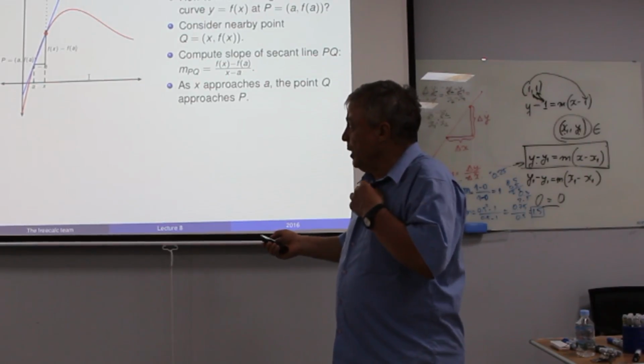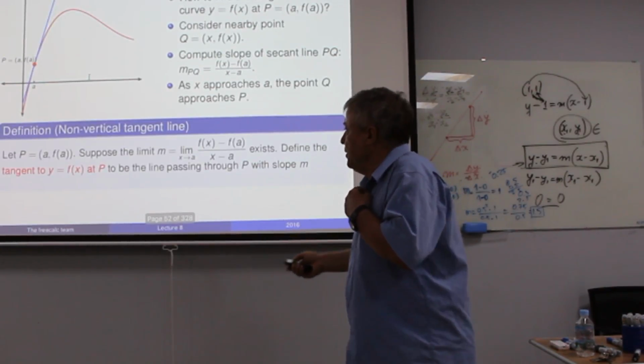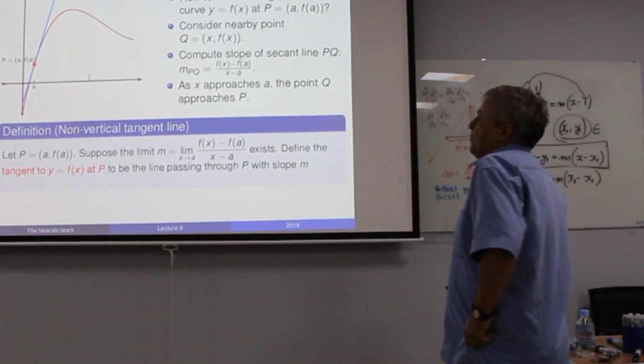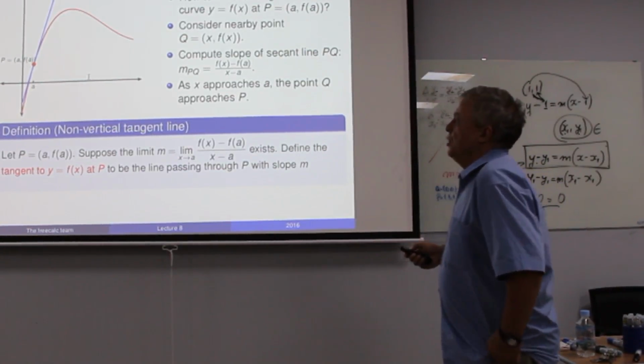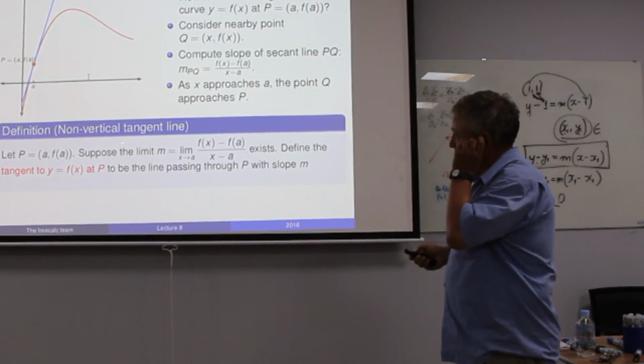and closer to A, so here is the definition of the slope of the tangent line.